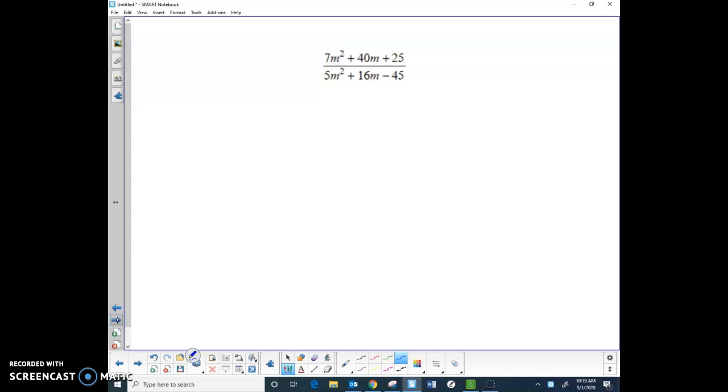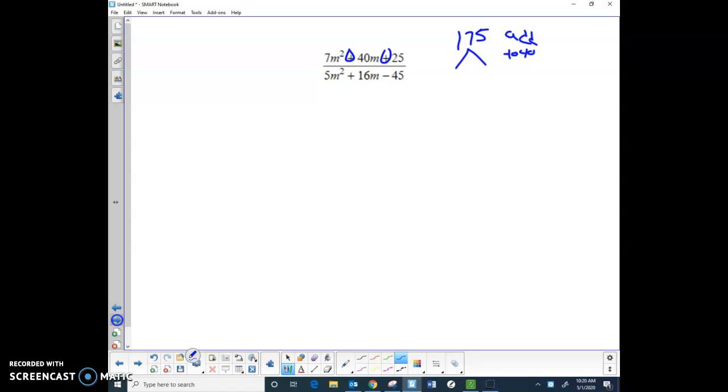Last example. Both of these have to be factored. If I start with the numerator, I'll do the whole multiply, divide, and slide method. 7 times 25 gives me 175. I need factors that are going to add because both my signs are positive, so we need to add to 40.